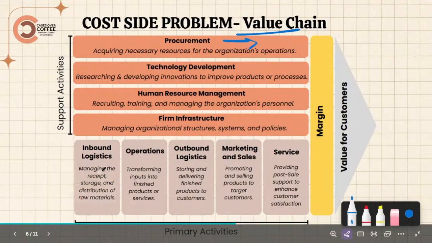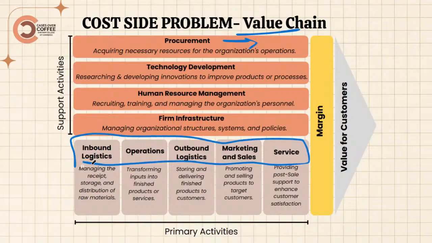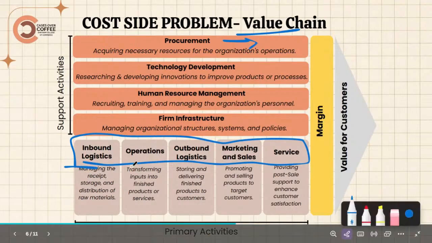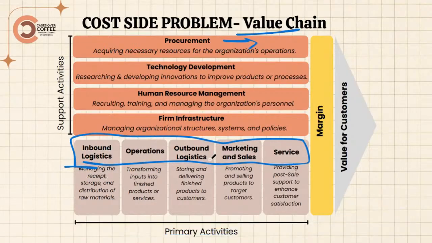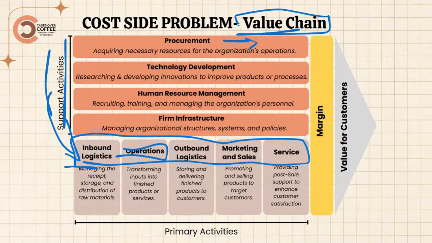These are the primary activities in the entire value chain: inbound logistics, operations, outbound logistics, marketing and services, and the supporting activities, which are responsible for the primary ones. Based upon this, we try to understand at what part of the supply chain the problem lies. And this is something we follow when we do some sort of cost side analysis.